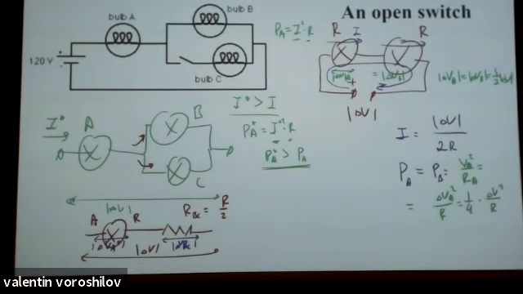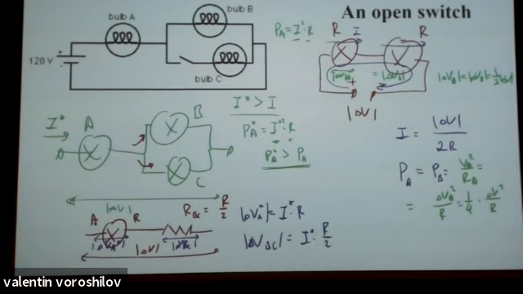I can write it down as an Ohm's law. Delta VA star should be equal to the new electric current, I star, times resistance R. Delta VBC will be equal to the same new current times the equivalent resistance.